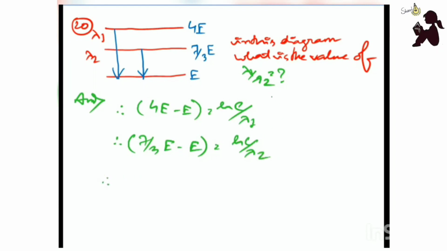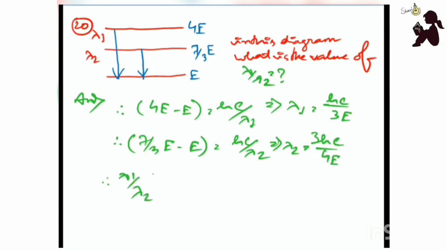From it, we can conclude the value of lambda 1 is Hc by 3, and for lambda 2, it will be 3Hc by 4E. So lambda 1 by lambda 2 will be our 4 by 9. So atomic structure questions are done.